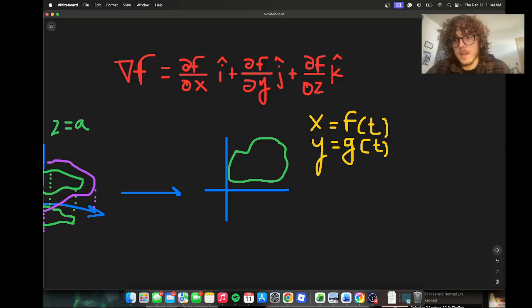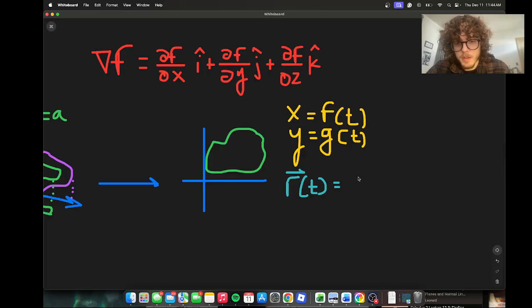So we can call the overall parametric equation r of t, made of f of t and g of t.